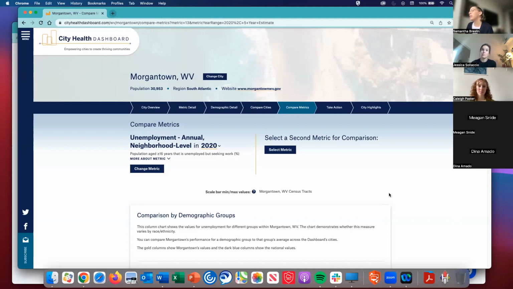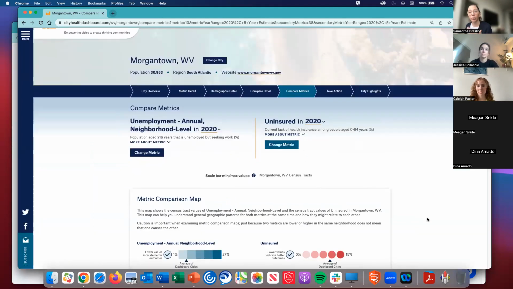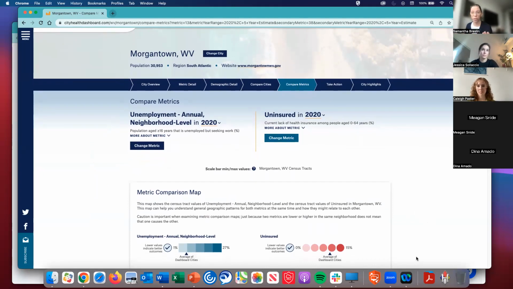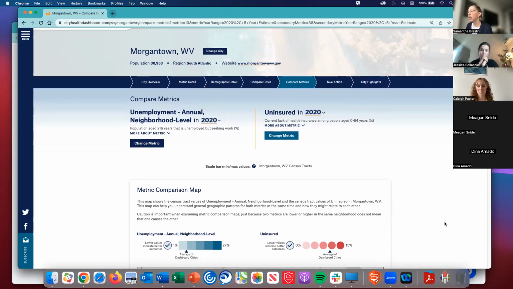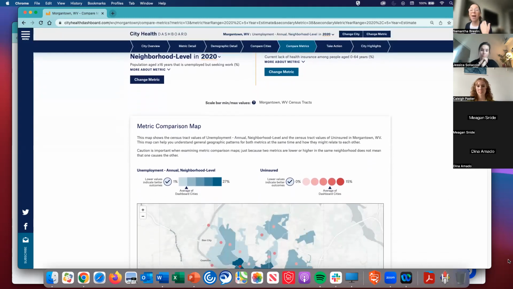So if I am looking at unemployment, perhaps I want to also know the uninsurance rate in neighborhoods in Morgantown. Obviously, when folks are unemployed, their health insurance becomes more precarious in many cases.